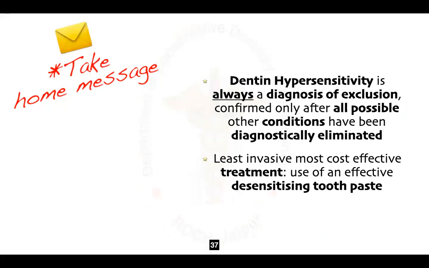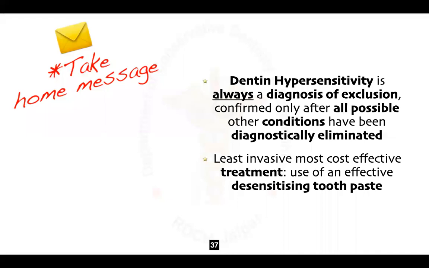So as I mentioned in the beginning also, dentin hypersensitivity is always a diagnosis of exclusion. इसका क्या मतलब है? What is the meaning of diagnosis of exclusion? मतलब first you have to exclude other conditions that are affecting the offending tooth before you can rule out and manage dentin hypersensitivity.